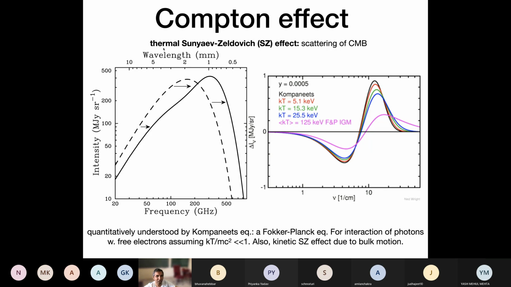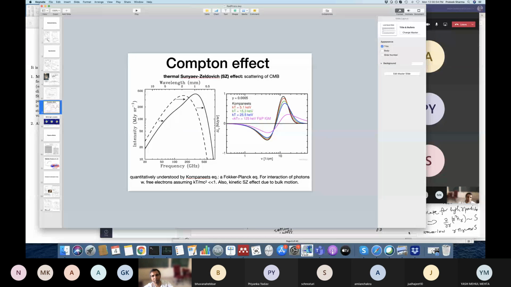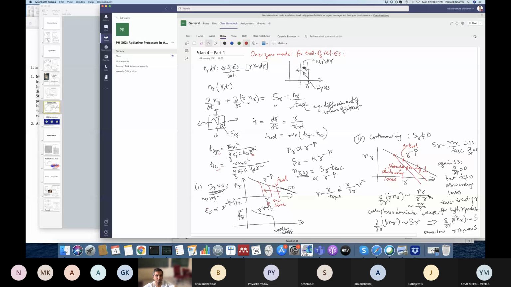This effect is called the thermal Sunyaev-Zeldovich effect. So this is the scattering of the cosmic microwave background. You see this is intensity as a function of frequency, and this dashed line is the CMB spectrum in this frequency range. Now what happens is, you have a galaxy cluster.